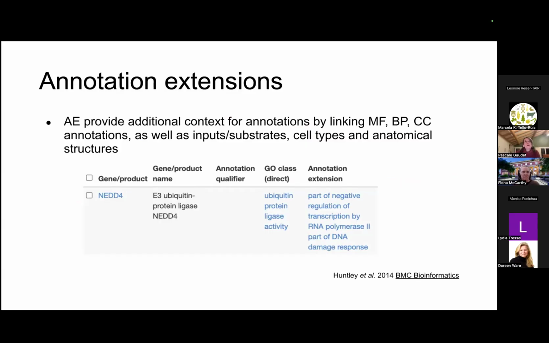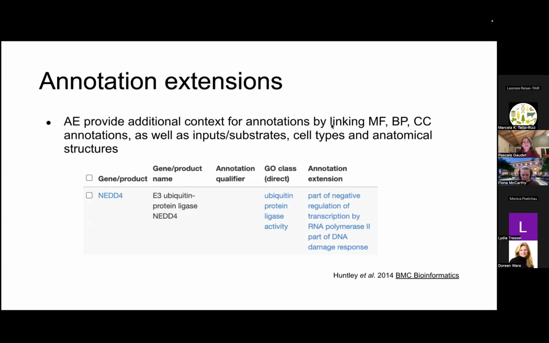So another approach to capture the complexity of the biology that we're trying to capture in papers is using annotation extension. So that's a second strategy. Instead of pre-composing exactly the terms, we have been adding annotation extension to provide additional context.